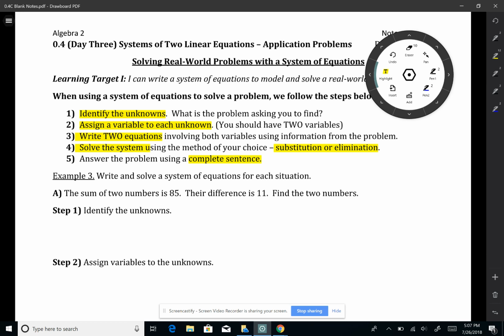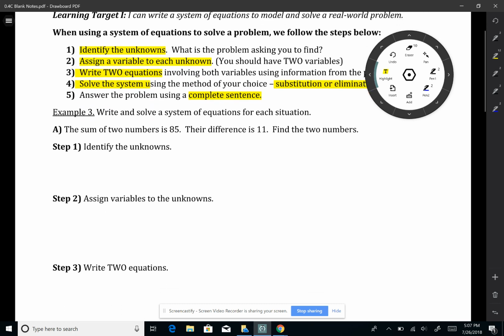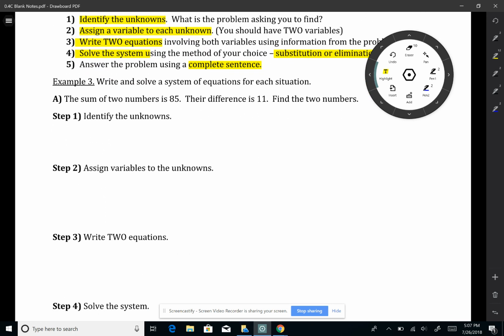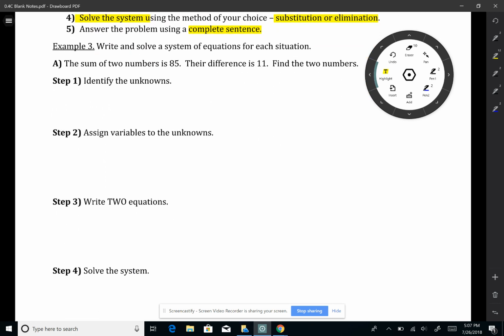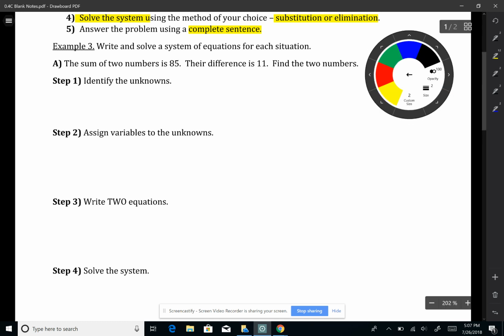Write and solve a system of equations for each situation. Example A says the sum of 2 numbers is 85. Their difference is 11. Find the 2 numbers. So this one is pretty straightforward. I think we can all agree that what we're looking for, our unknowns, are the 2 numbers.